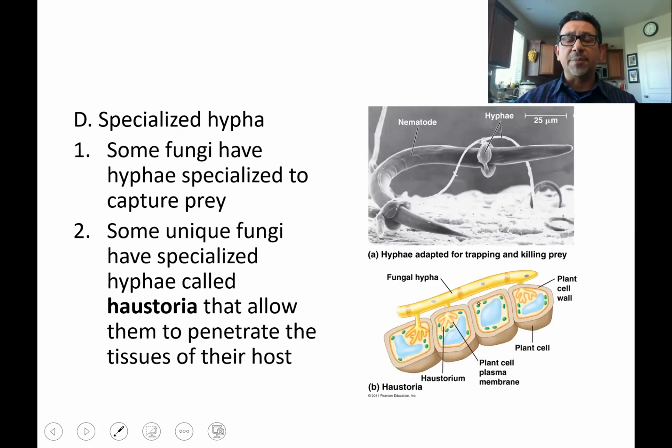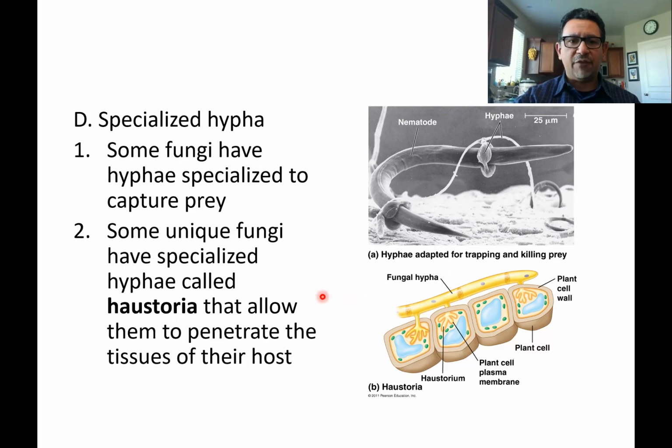Other specialized forms of hyphae will be like the ones shown in this aquatic fungus, where hyphae make loops to trap prey. In this case, the prey happens to be a nematode worm. Then there are other modified hyphae that have the ability to move, grow into the cell walls of plant tissues, and then they're going to be forming this association I mentioned to you before, which can be beneficial for both the plant and the fungus.